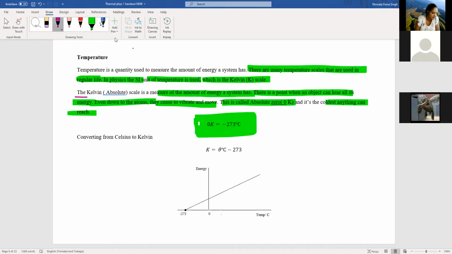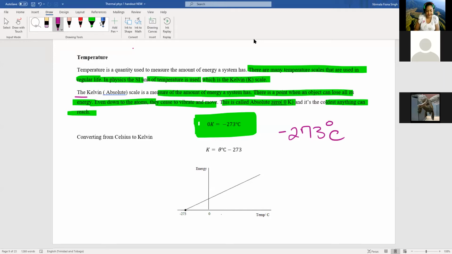Well, it's actually minus 273.15, something like that. But 273 degrees Celsius below zero is the lowest possible temperature that can be reached. Why? Heat is a measure of energy, and we can pull all of the energy out of an atom and make everything stop moving, as in freeze it completely.